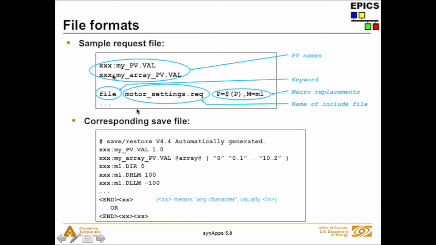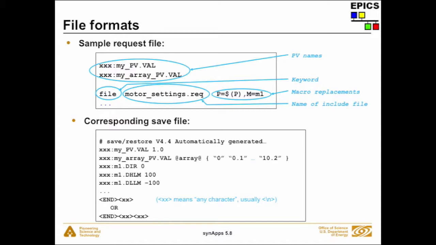The request file format is extremely simple. It's just a list of PV names. Here on top I have a scalar PV and an array PV, and I'll show you what those look like in the save file. But you can also have a syntax where you specify that a file be loaded, giving the name of the request file, and it also consists of PVs and file commands just like this.